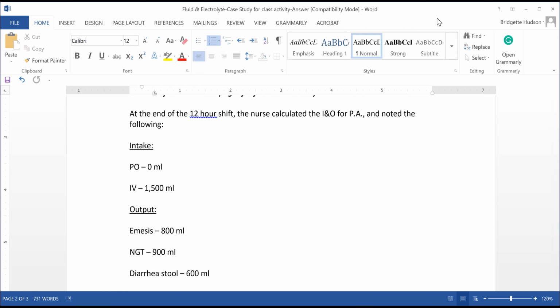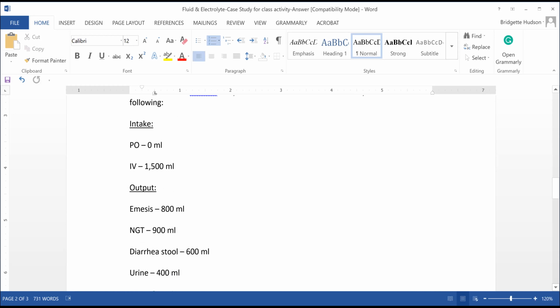No. We are still at a deficit. So we have taken in 1,500, but we have more leaving the body. We have diarrhea, we have the NG to low intermittent wall suction, and then we have vomiting. So we're still losing ground. Oh, I forgot about the urine, my bad. So that makes this deficit worse than we originally thought.